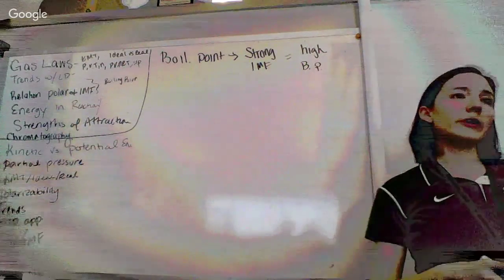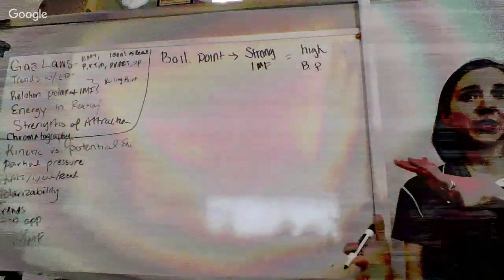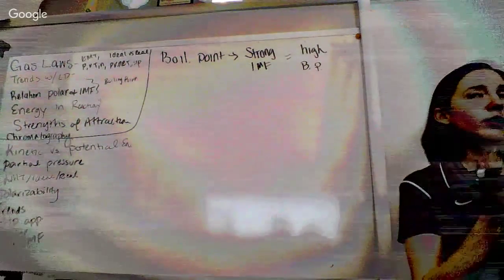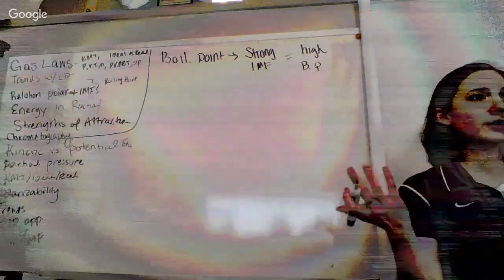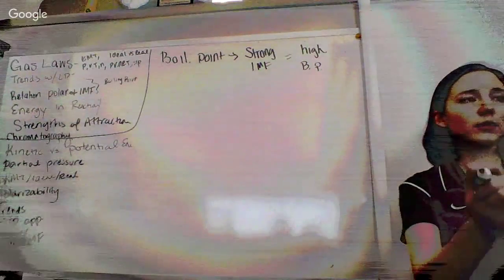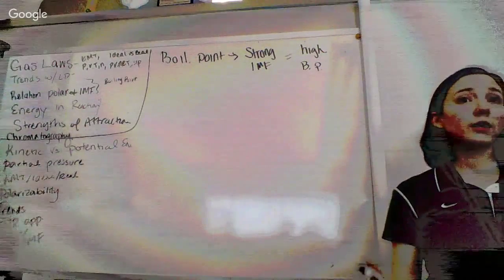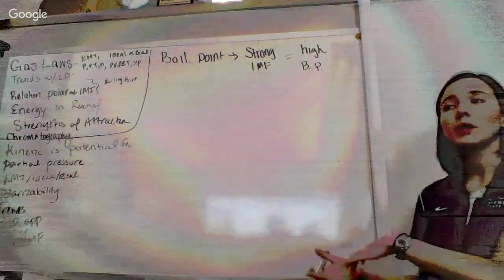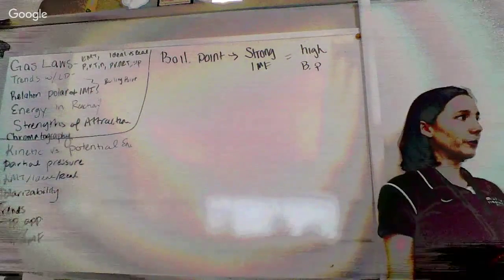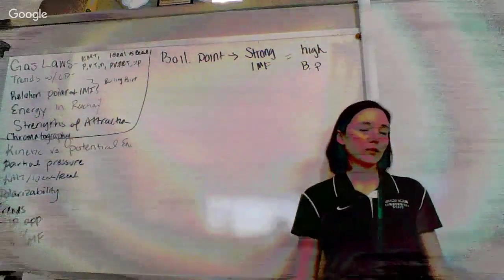So the stronger the intermolecular force, the more energy it takes to break it, the higher the boiling point, the harder it is to boil. More energy to break them apart, higher boiling point. So then you just have to think about, comparing the two, which one has the stronger intermolecular force, and you have to figure out the reason behind it.